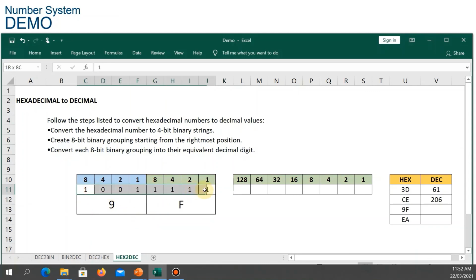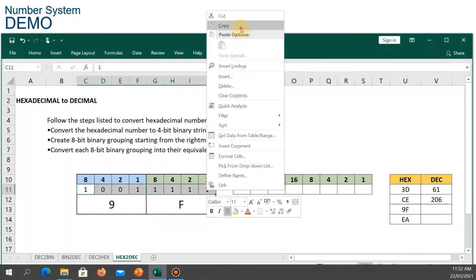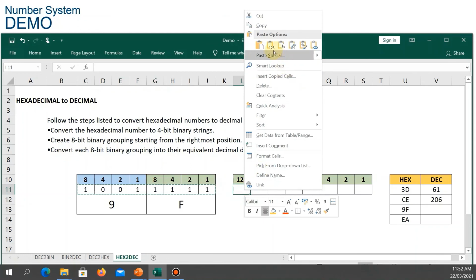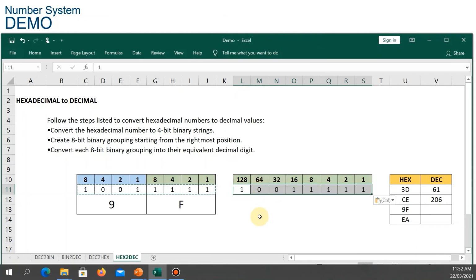Of course, we need to group this and use that. So to get 9F in decimal, we simply add 128 plus 16 plus 8 plus 4 plus 2 plus 1. That is 159.